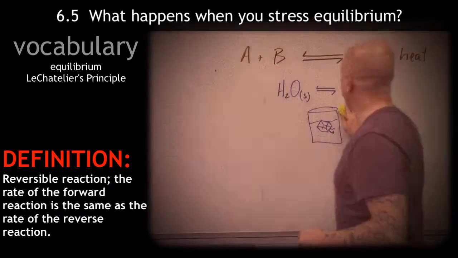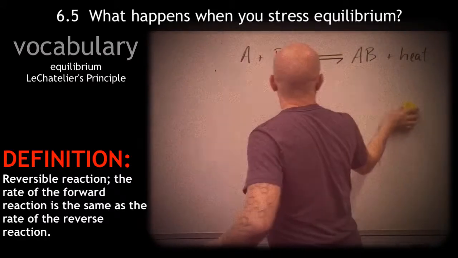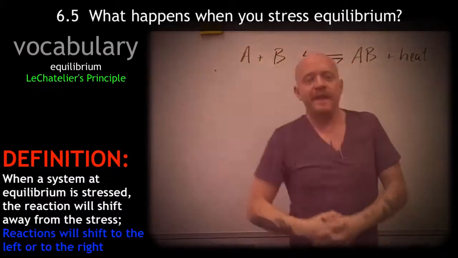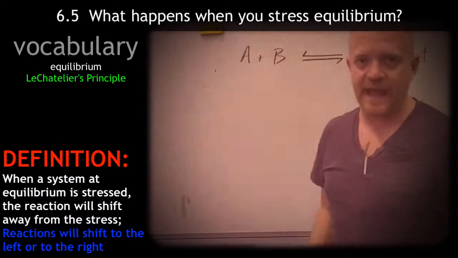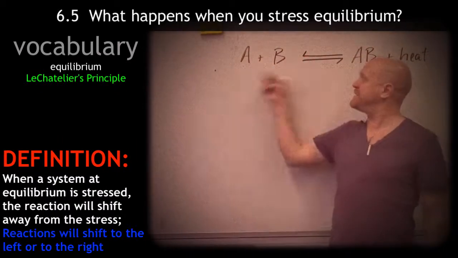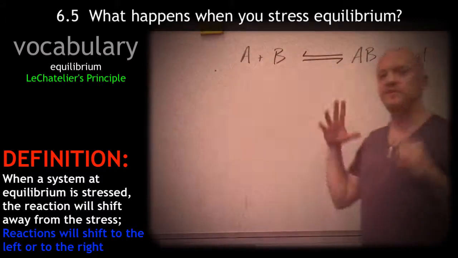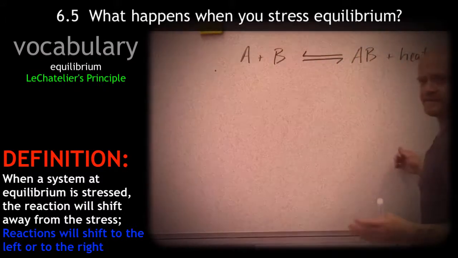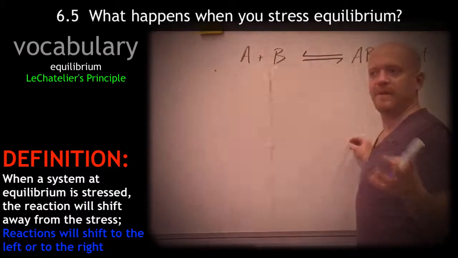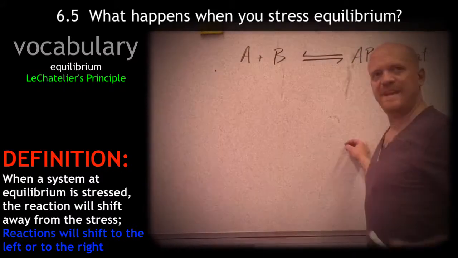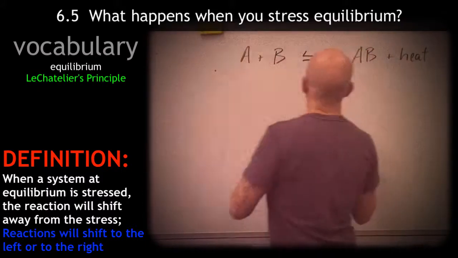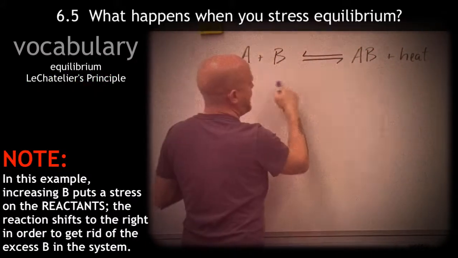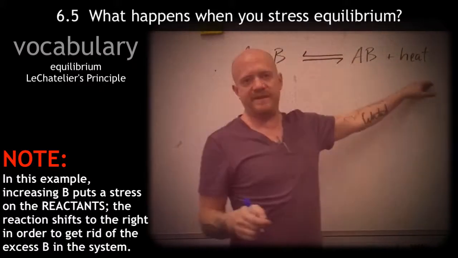Now, one thing that I would like to tell you about is Le Chatelier's principle. He was a French scientist, and he discovered that when a system is at equilibrium and you add something to stress out that system, it's going to react in a way that relieves that stress. What does that mean? For example, let's say I have A and B yields AB plus heat.